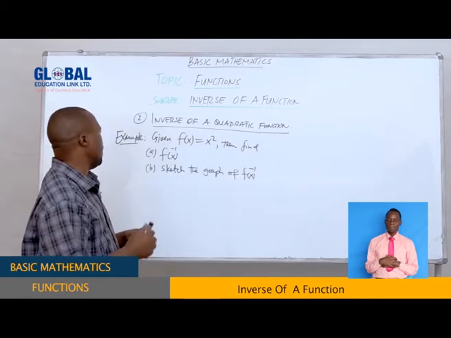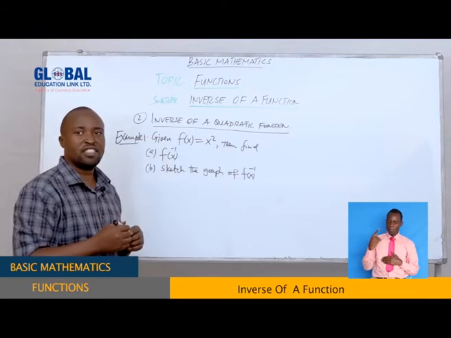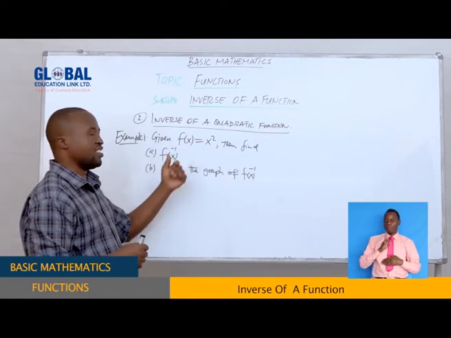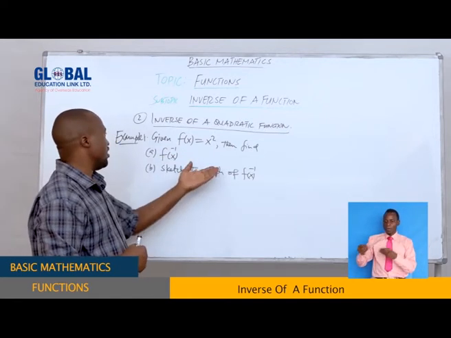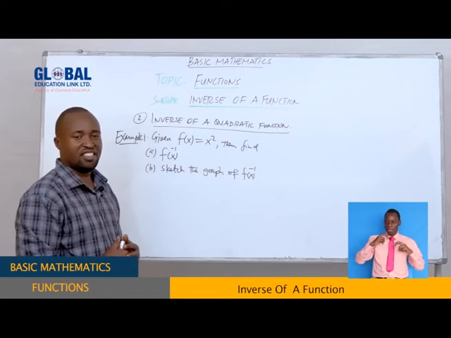So the first question, of course, is for the inverse of the quadratic function. That is, given f of x is equal to x squared, then find f of x inverse, and then sketch it as a graph.